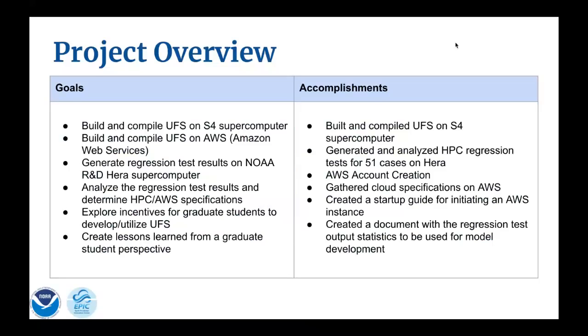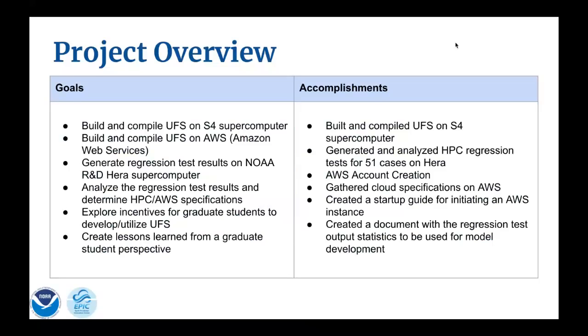And then some of the accomplishments: we were able to build and compile the UFS on the S4 system. We generated those regression test results using the Hera system, which is a very similar system to the S4. We created an AWS account, and we were also able to gather some cloud specifications from the AWS and create a startup guide, as AWS is a new budding platform to get model development done.